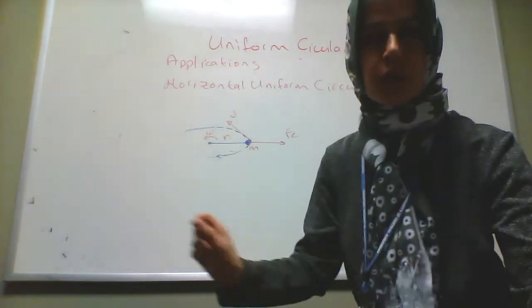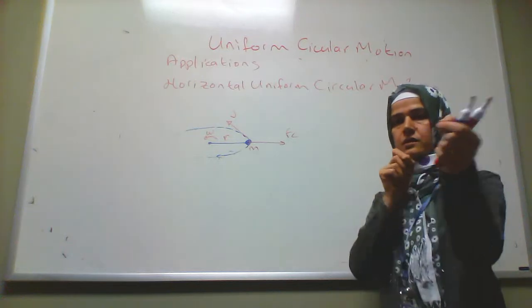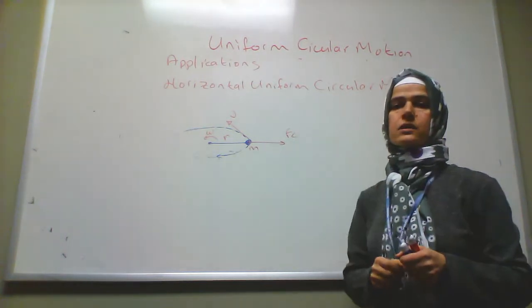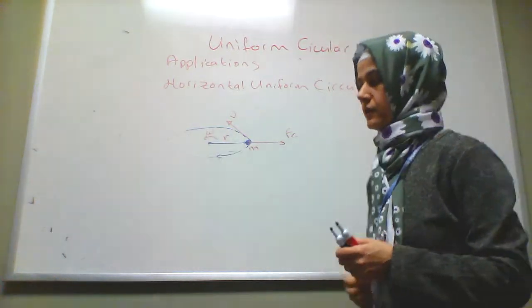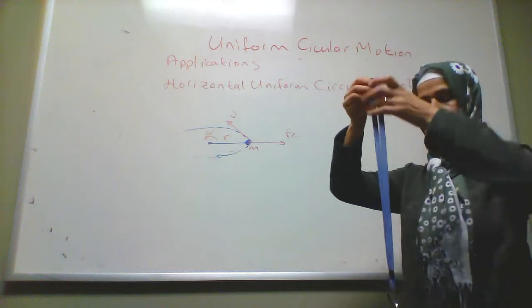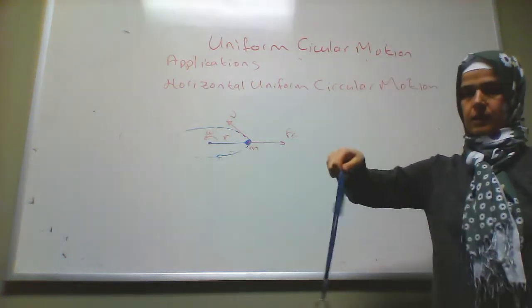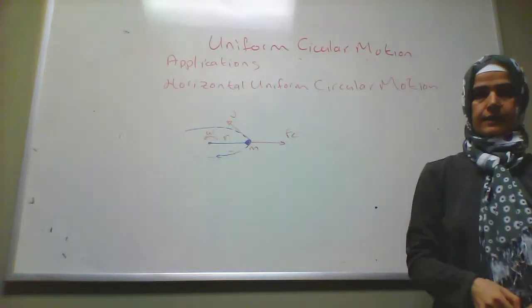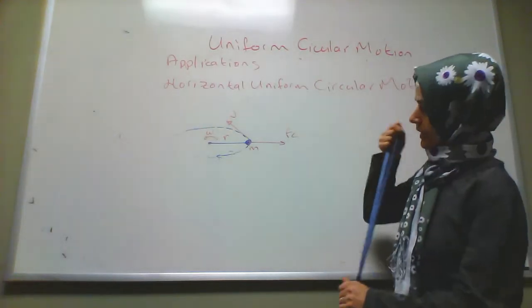So if I have a rope rotating an object, the string will be pulled by tension, and centripetal force will be pushing the object outside. And if we rotate, we actually feel that push. This is the force that we feel. Exactly, we can feel that pulling outside.